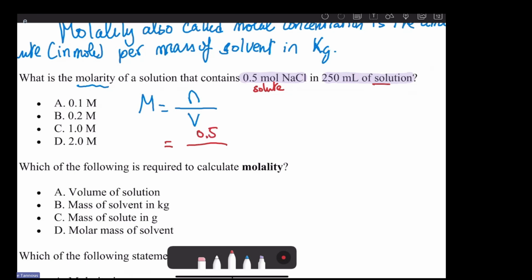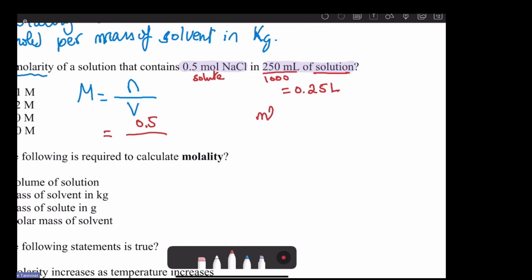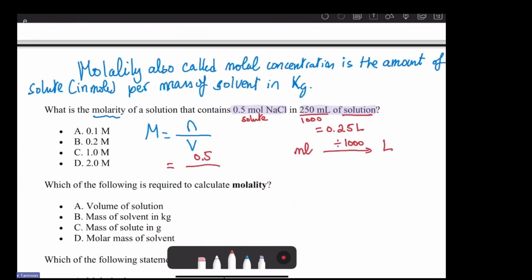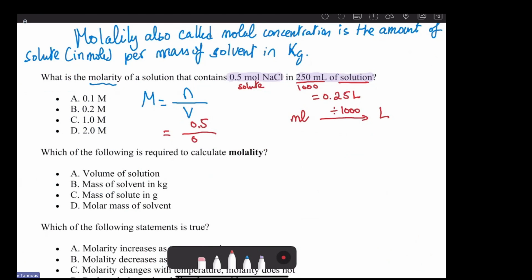The solution is given in milliliter, so I need to divide by 1000. The 250 becomes 0.25 liter. Remember, to go from milliliter to liter, we divide by 1000. The volume has to be in liter. So it is 0.5 over 0.25. The answer is 2.